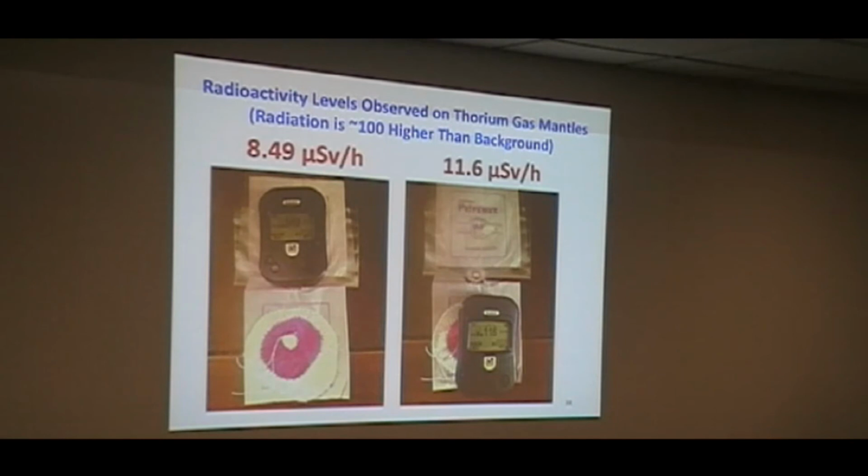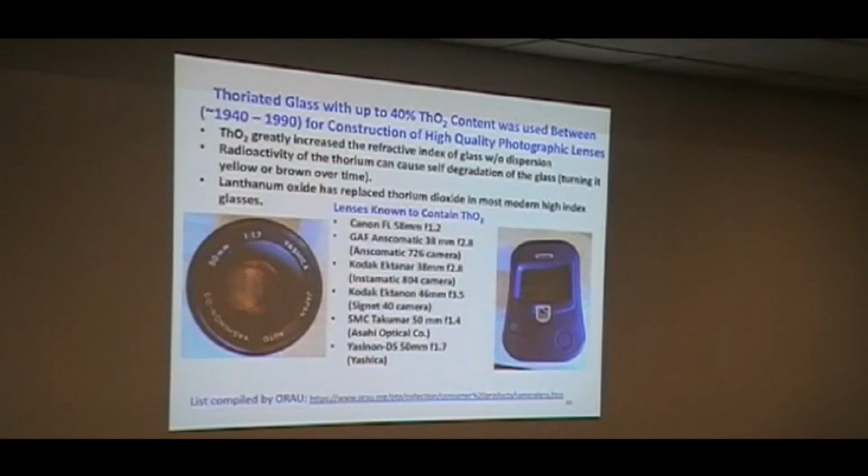But it's still measurable. Now, another property of thorium oxide is that it had a very good refractive index. So when you were making camera lenses, you wanted thin camera lenses that would work. High-end cameras starting around the 1940s would actually use it.